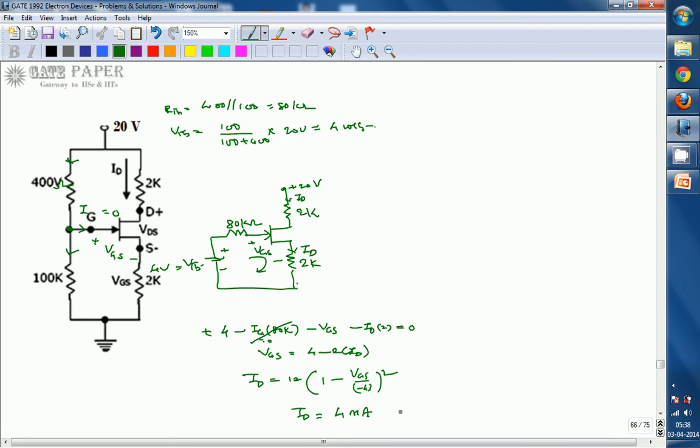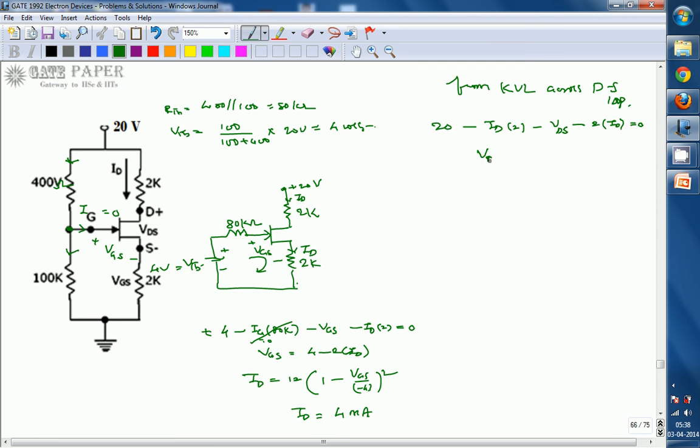Next, VDS can be calculated from the output KVL across the drain-source loop, that is plus 20 minus ID times 2 kilo ohms, minus VDS, minus 2 kilo ohms times ID, equal to 0.